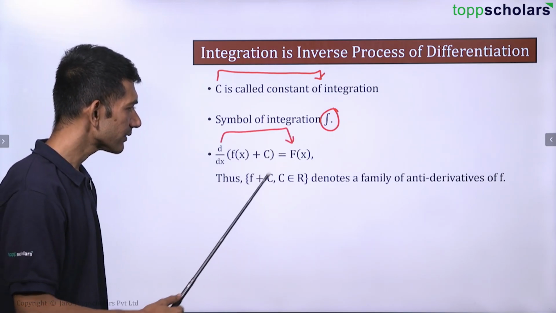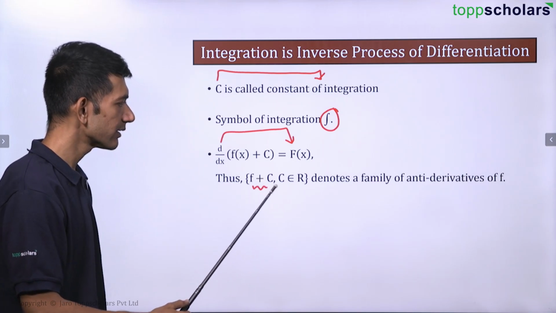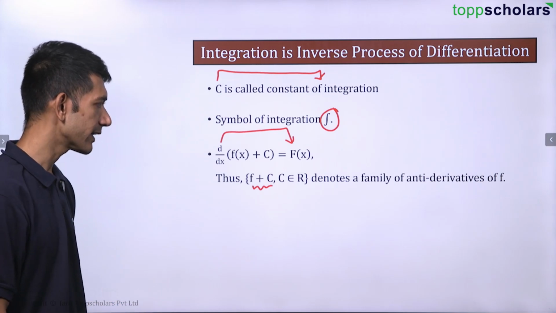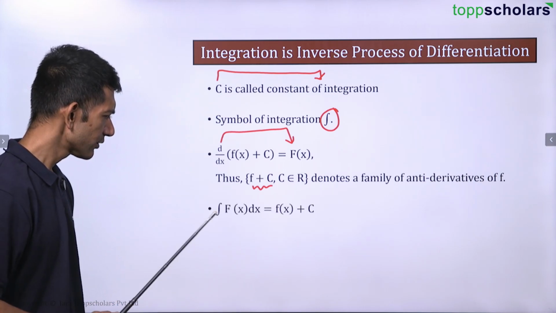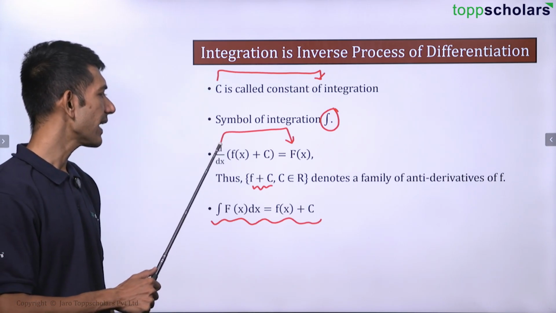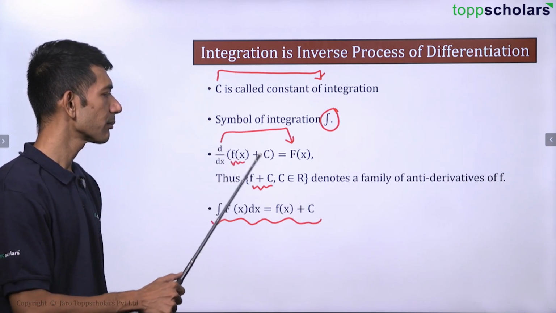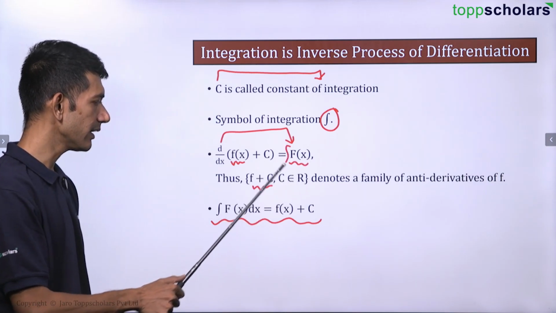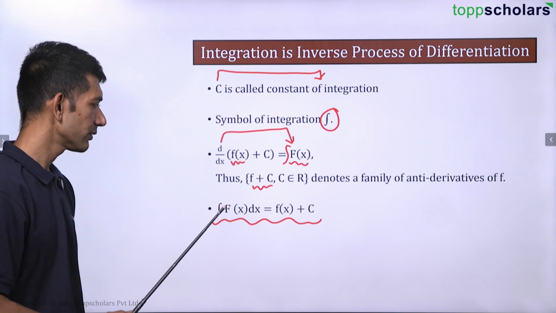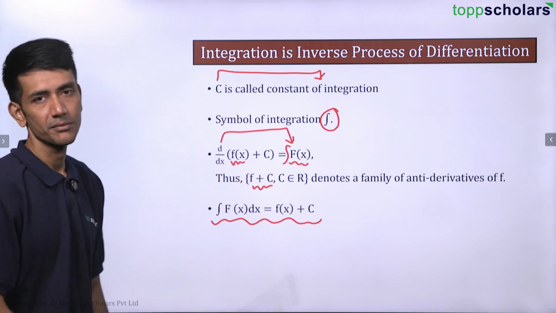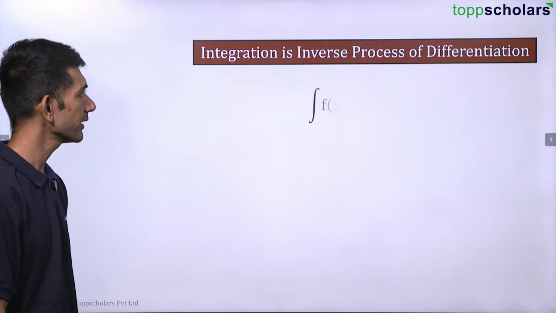So we can say that f plus c denotes a family of antiderivatives of f, obviously. So this is what is important, right? If I say that d by dx of fx plus c is, say, capital Fx, then if I integrate, it will be the reverse of it, that is fx plus c. Clear? Okay, let's continue.